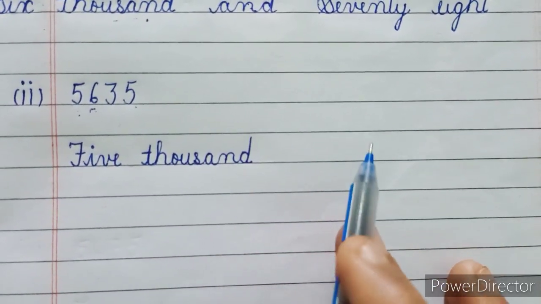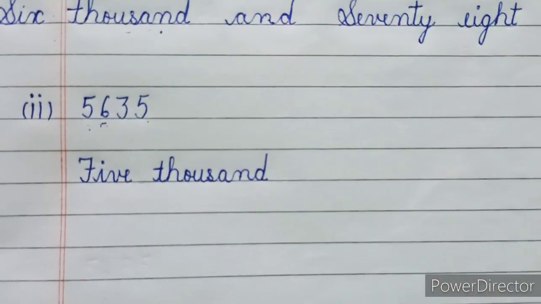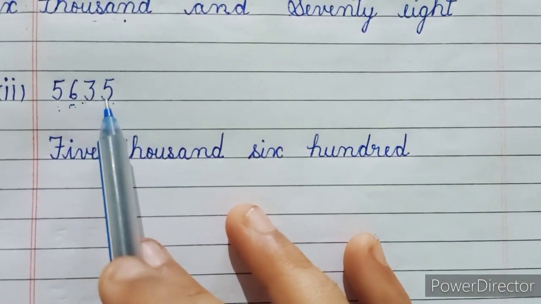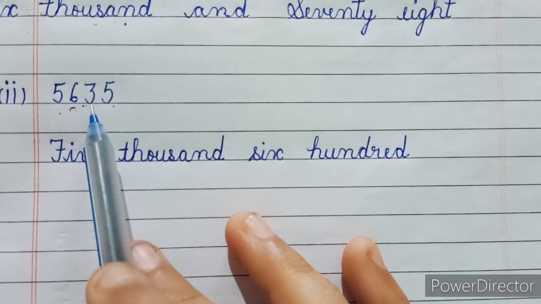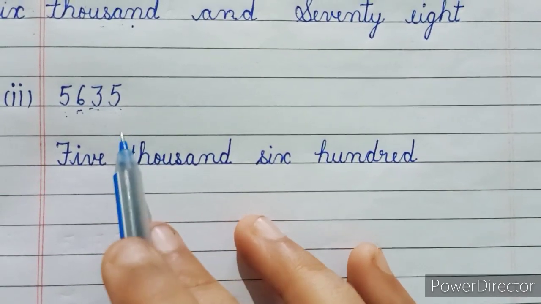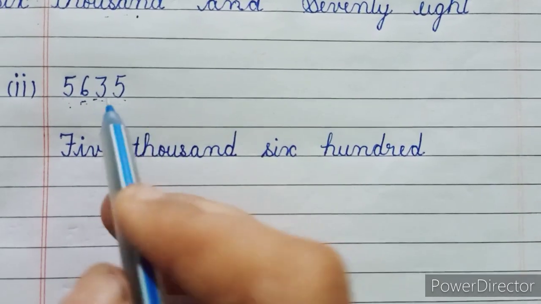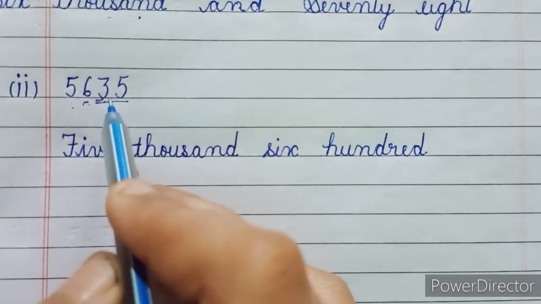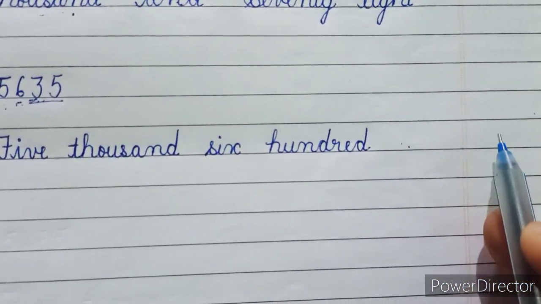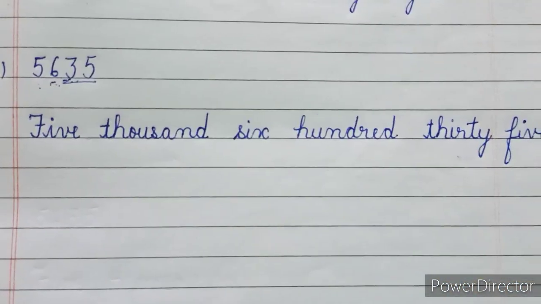So we will write 600 here. Now we have to move on to the tens and ones place, because we have to write tens and ones together. So what do 3 and 5 make? Yes, 35. Okay? So we will write here 35.